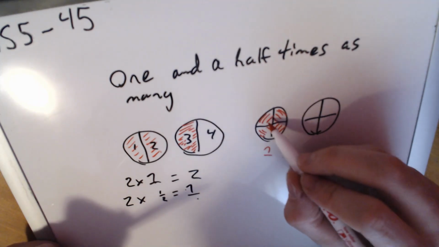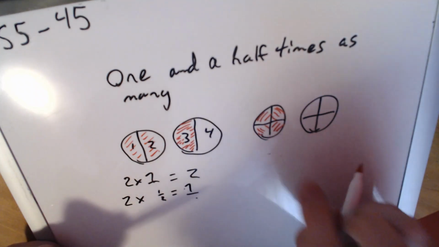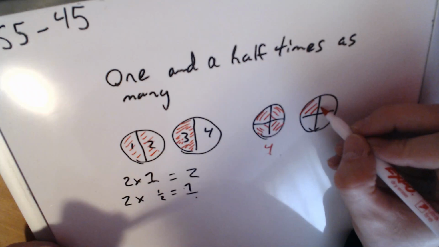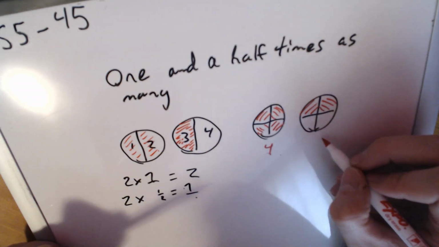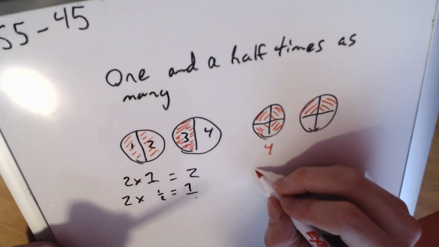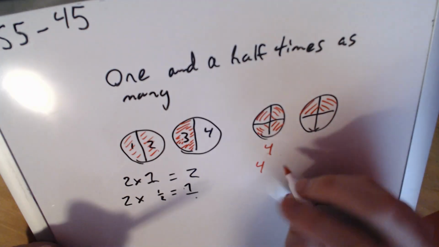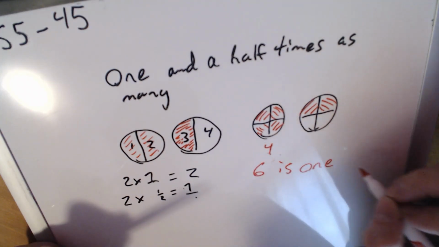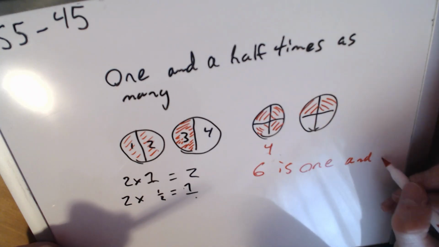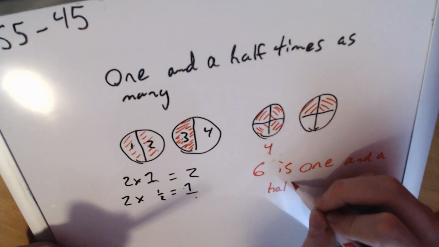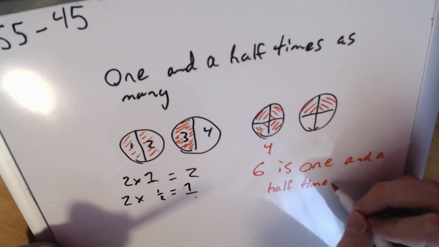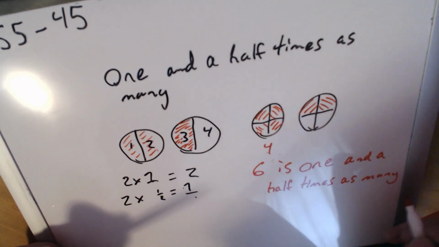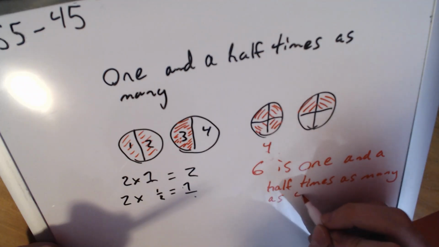So this time it's 2, so this is 4, right? 4 pieces in total. Well, another half on that as well is 6, right? So now you have 6. So you could say 6 is 1 and a half times as many as 4.